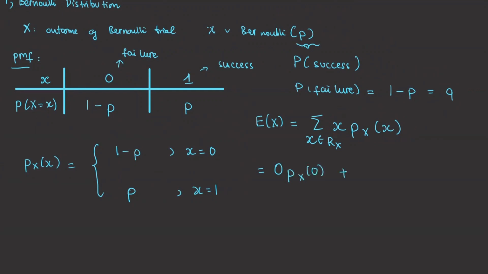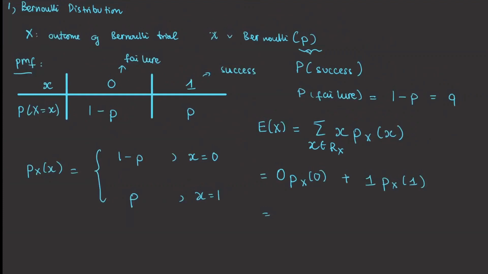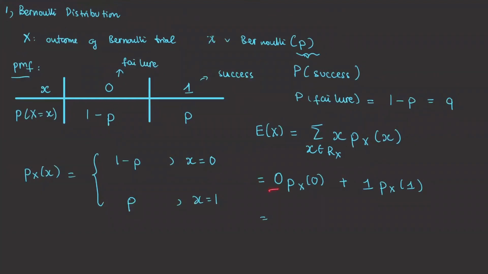And next, I move on to the case where x equal to 1. When x equal to 1, this expression is equivalent to, wherever I see x, I just sub in 1, like this. And 0 multiplied with any number would be 0, so I can disregard this term.